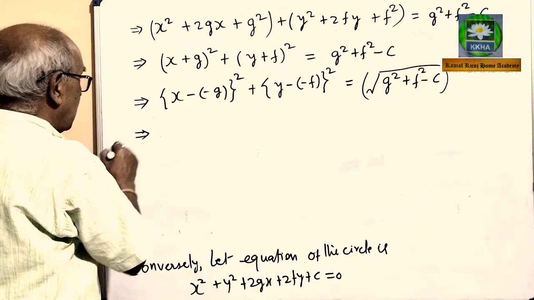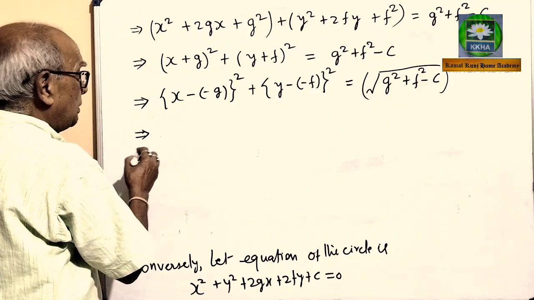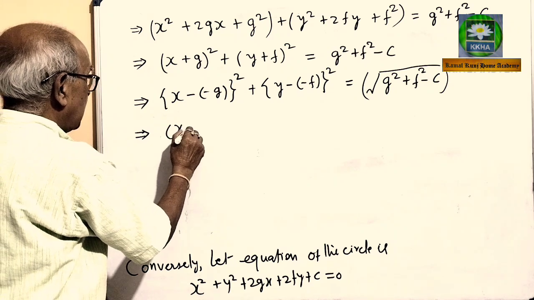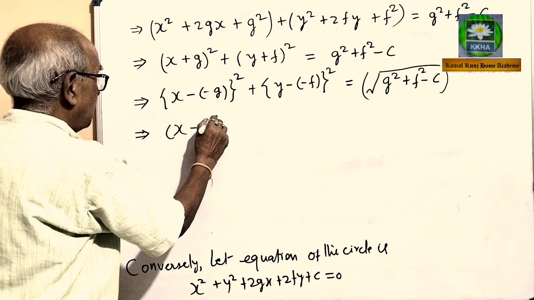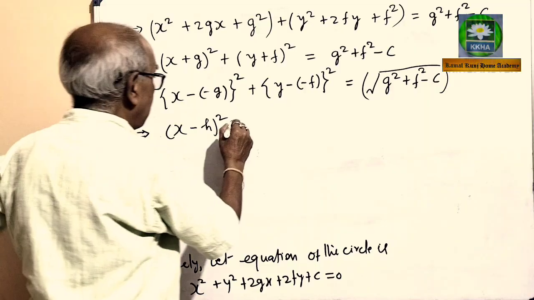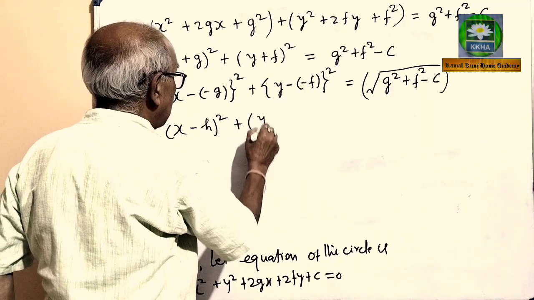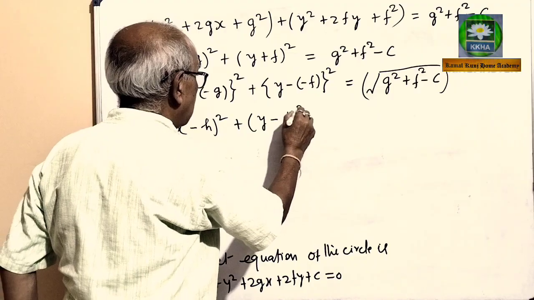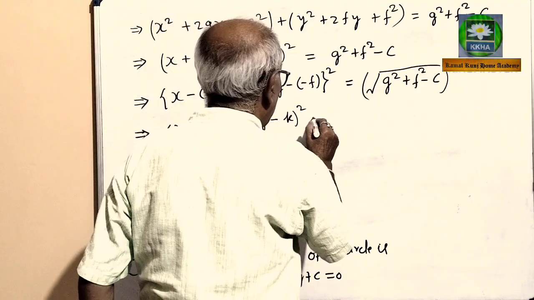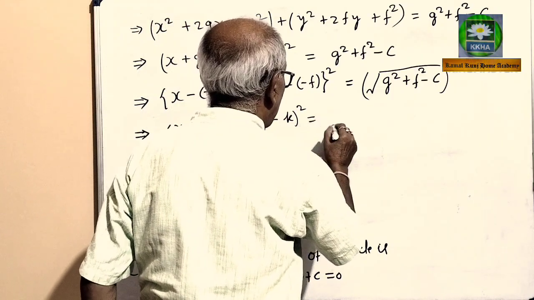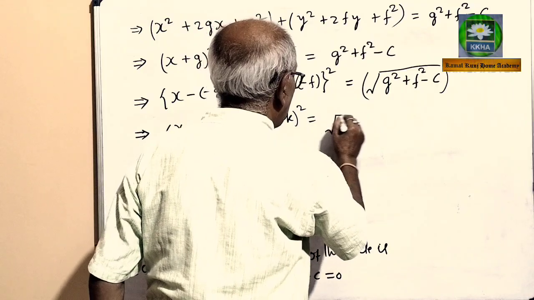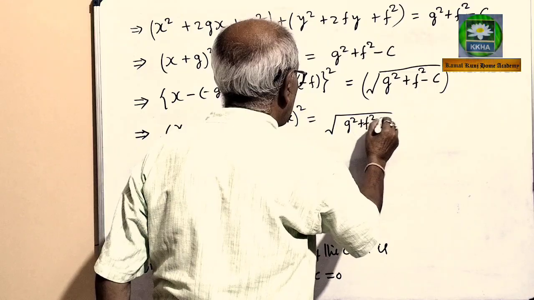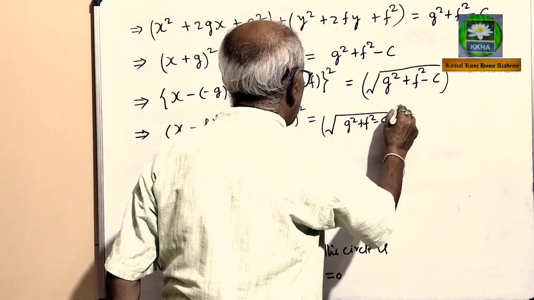And this implies that (x minus h) whole square plus (y minus k) whole square equal to (square root of g square plus f square minus c) whole square.